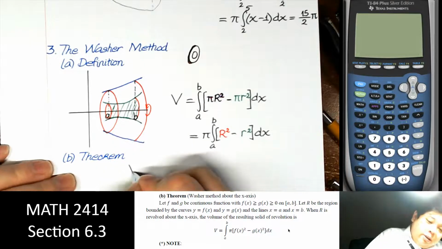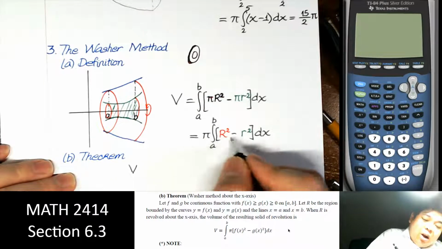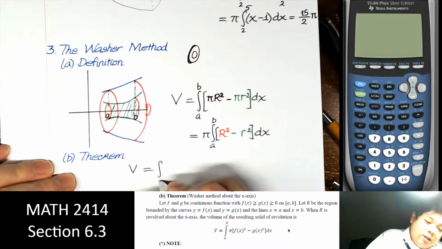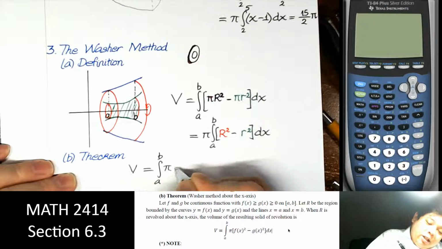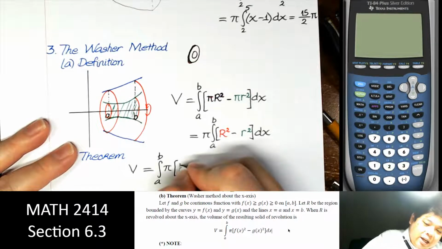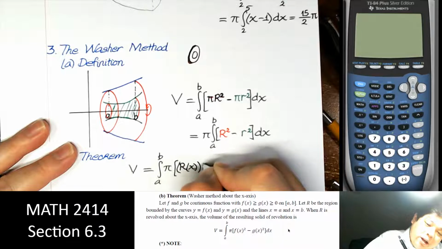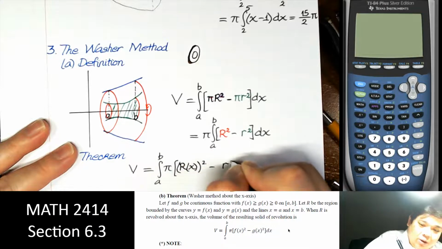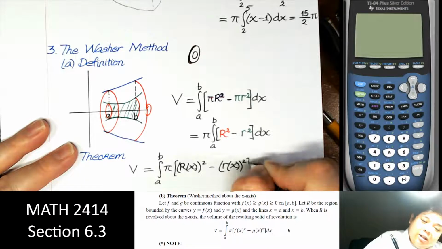So again, for the volume, we can put the pi inside or outside of the integral, it doesn't matter. I guess put it inside. And we can write it like this too: the big radius in terms of x squared minus the little radius in terms of x squared, dx.